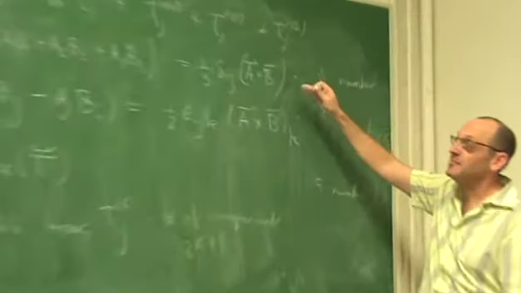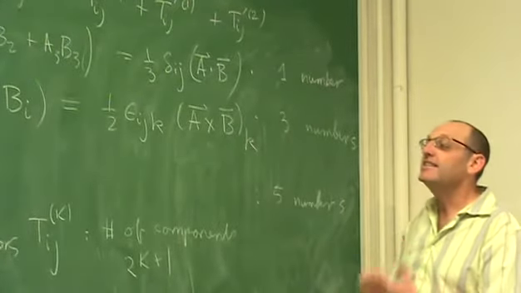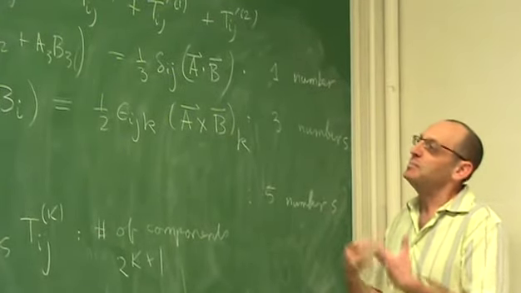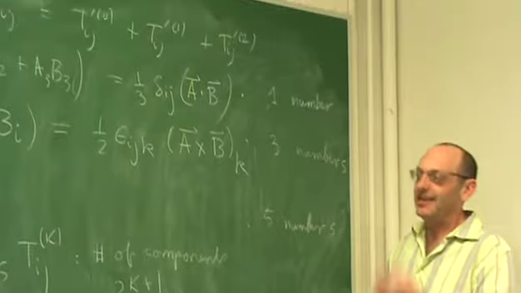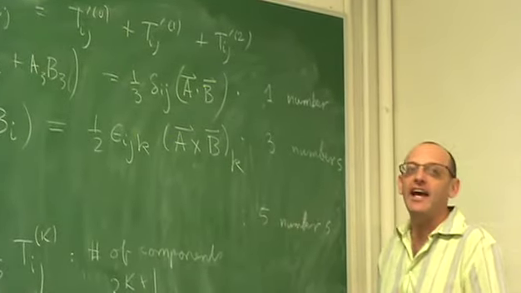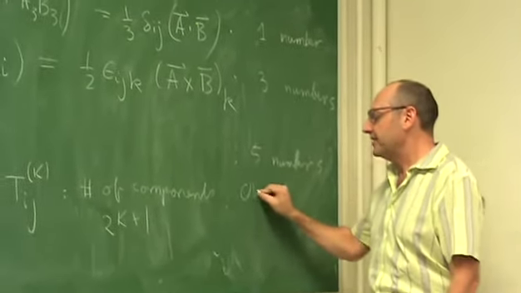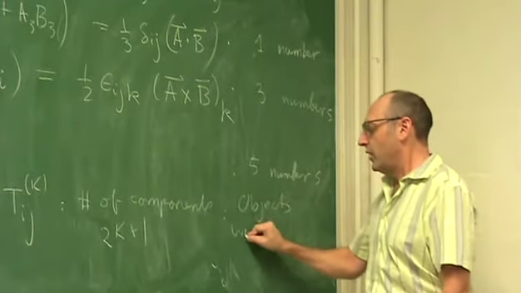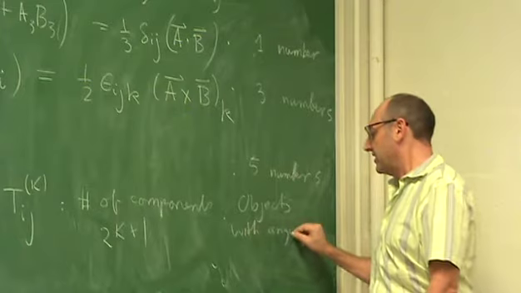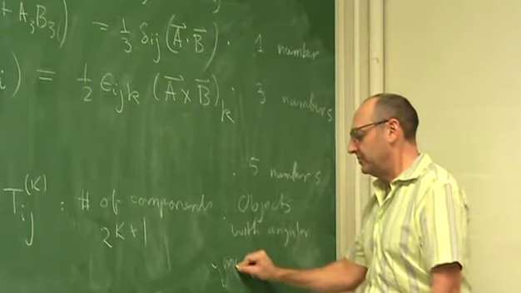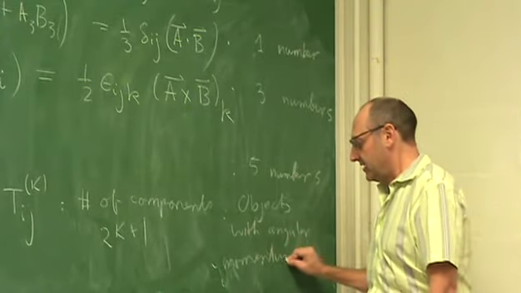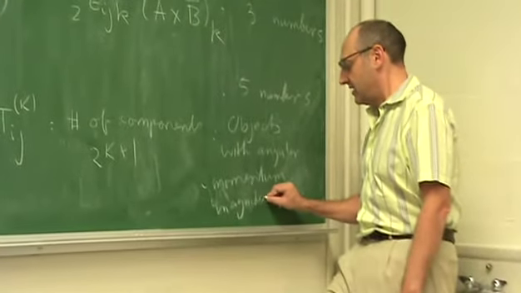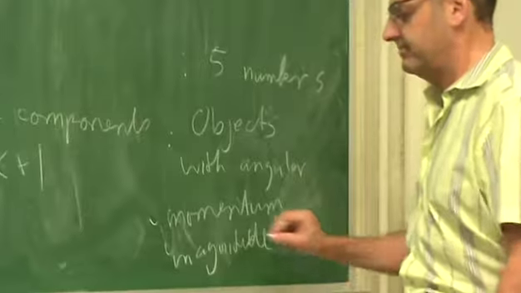So one way, and we'll now revisit this in the context of the tensor operators in quantum mechanics, one way to think about these objects is that there is an intimate relationship between irreducible tensor operators of rank k and objects with angular momentum magnitude k.